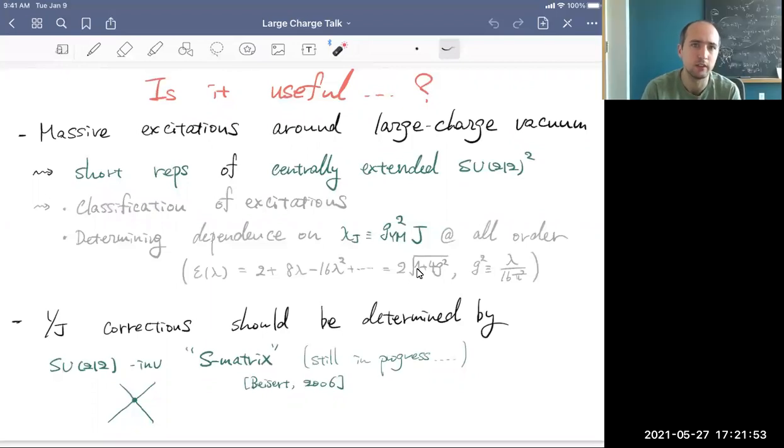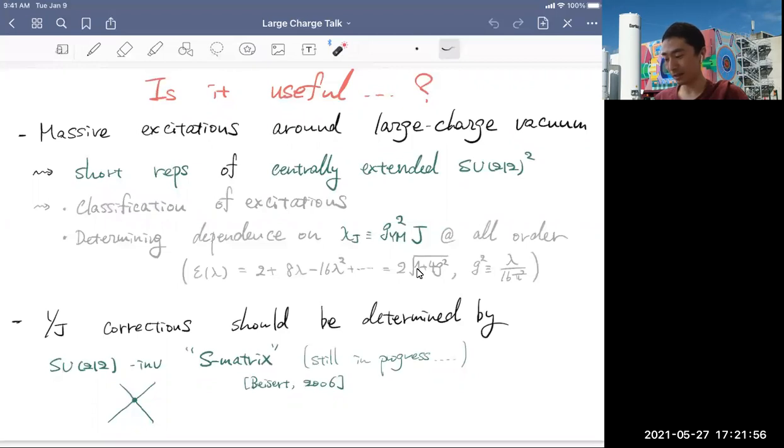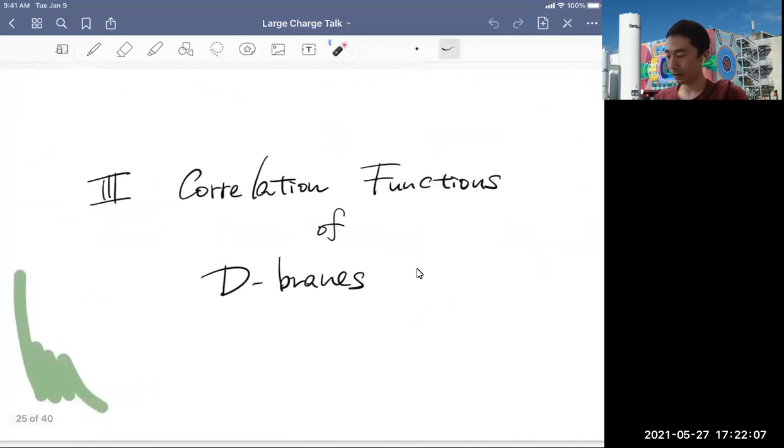Oh, higher order. The symmetry argument becomes less powerful. For 1 over J we can say something, but at higher order it becomes less powerful. Okay, yeah, sorry, I didn't understand.